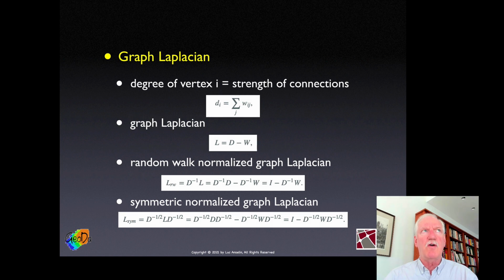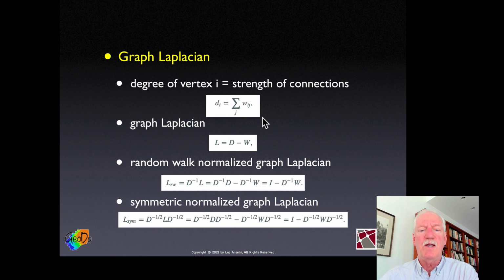We need a few new terms. The degree of a vertex in a graph is the row sum of the weights. We call this the cardinality of the connectedness in spatial weights. So this degree concept is a very elementary concept in network analysis or graph theory.